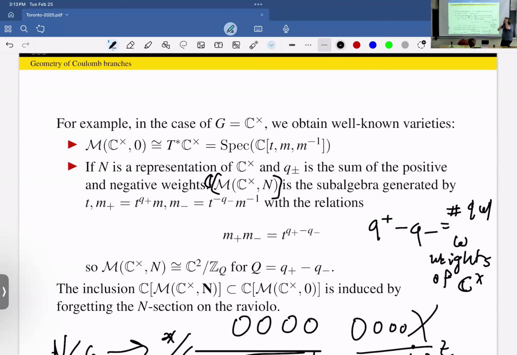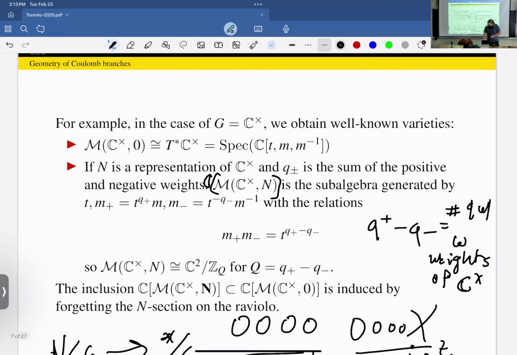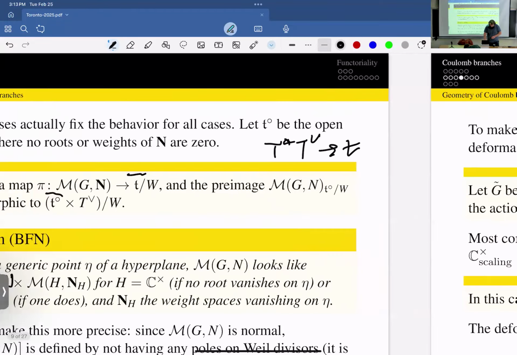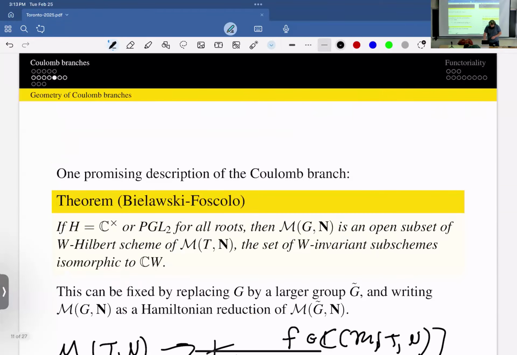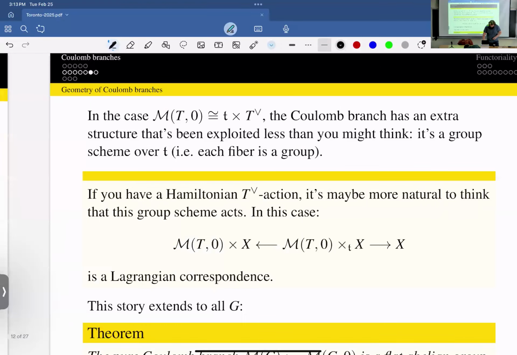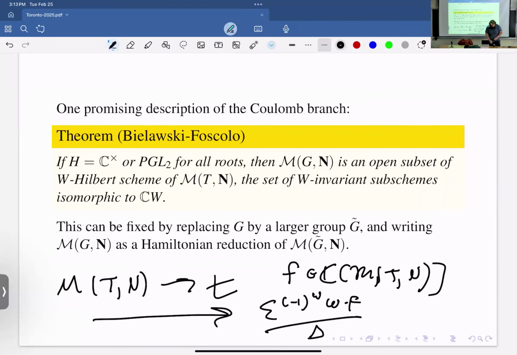Whereas turning on the C star equivariance makes T and M no longer commute. It becomes the differential operators on C star instead of the functions on the cotangent. Okay. All right, great.